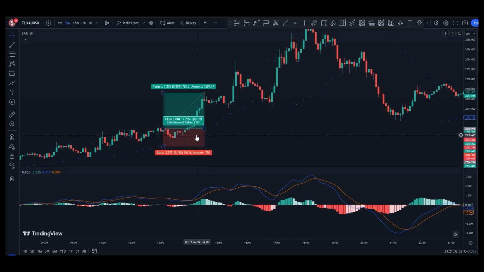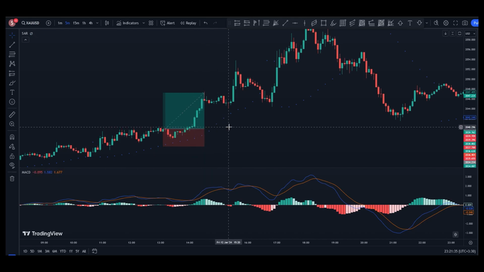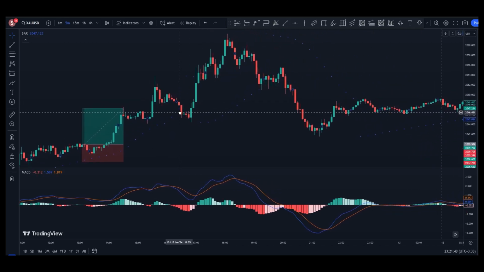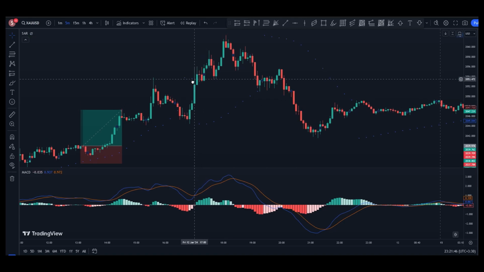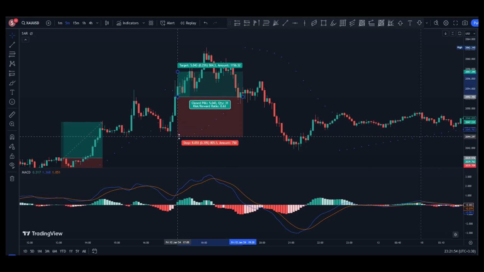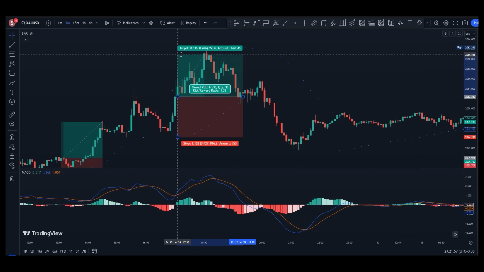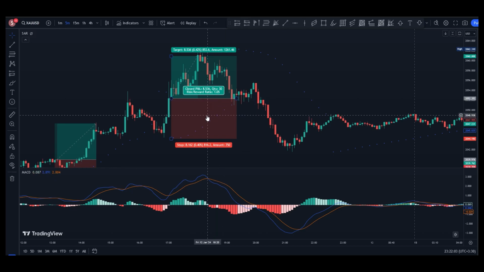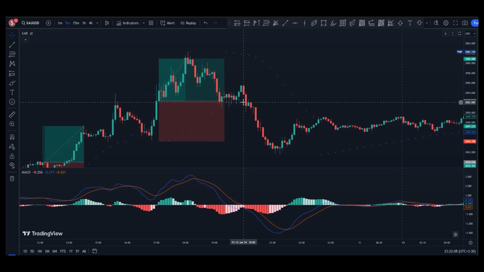Well, let's go a little further. Well, we can enter our long position here. It will hit our stop loss, but well, here we can enter our long position and it will hit our take profit, I think. No, it will hit something like our risk-free point here.